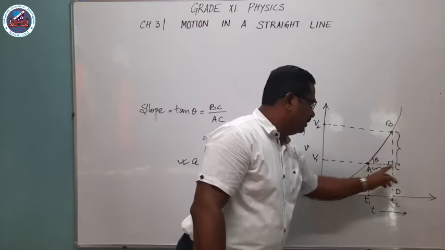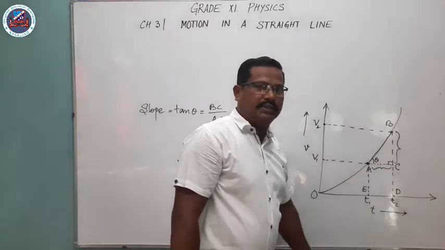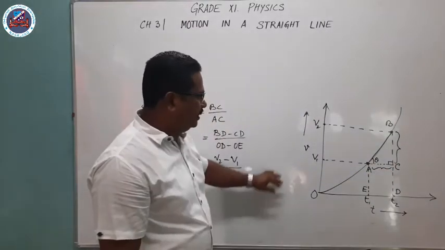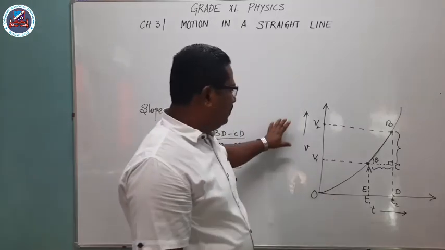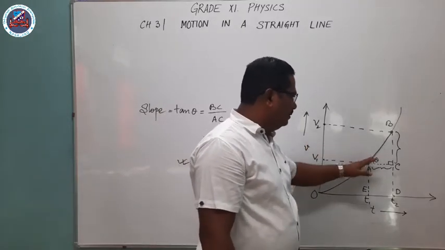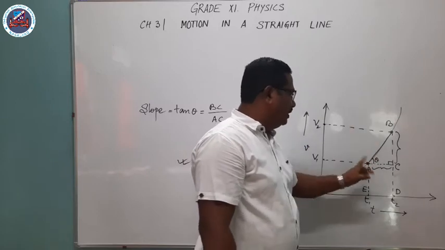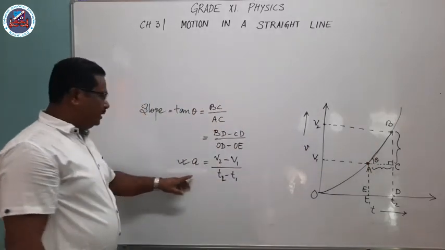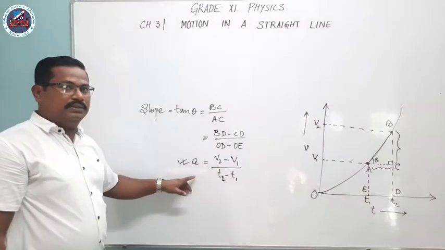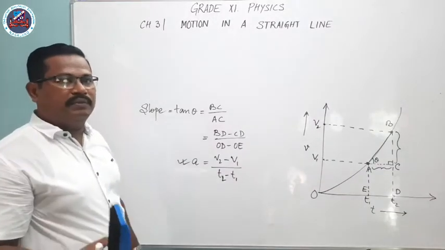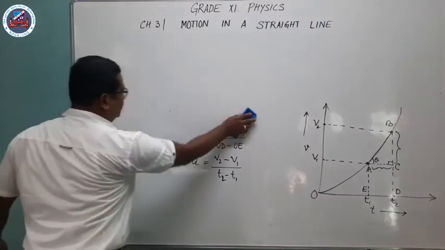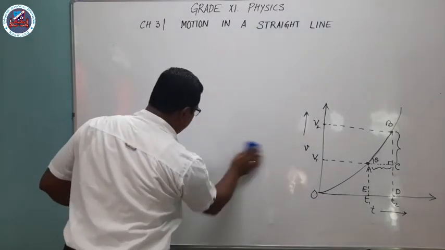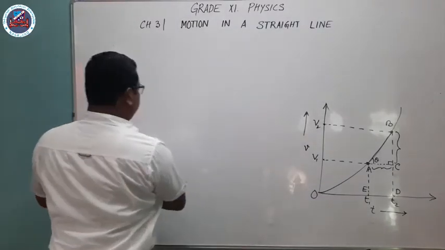So you can learn one thing here: if you draw the velocity time graph and find the slope of the line or the curve, then we get acceleration. So the slope of a velocity time graph gives us acceleration. This is the meaning of the term slope.